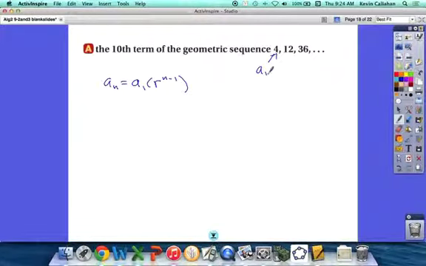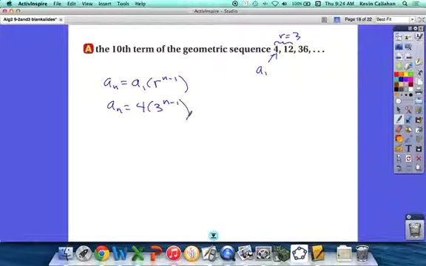And what is R? What does it look like you keep multiplying by to get the next term? 3, right? So R equals 3. So that's all you have to plug in here. An equals 4 times 3 to the n minus 1. And there's no simplifying to do. Stop, right? Don't try to make it 12. Doesn't work.